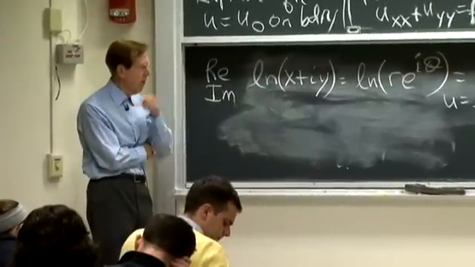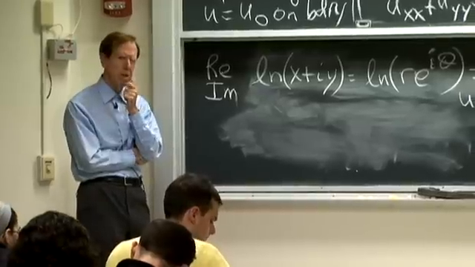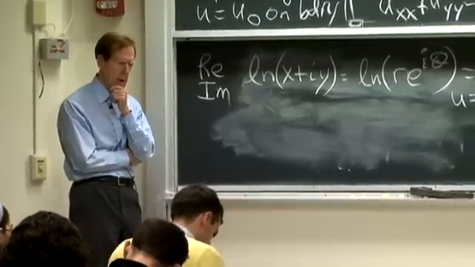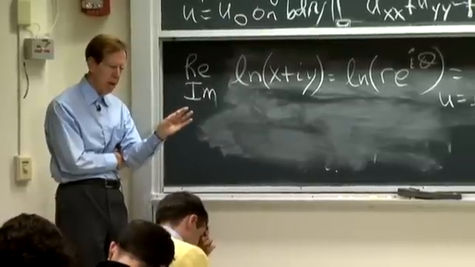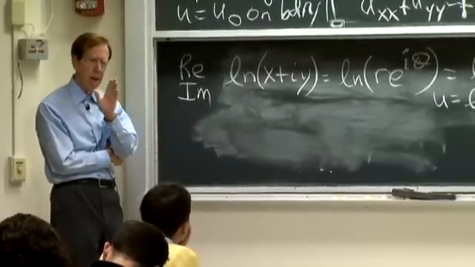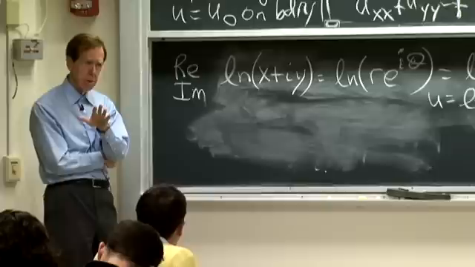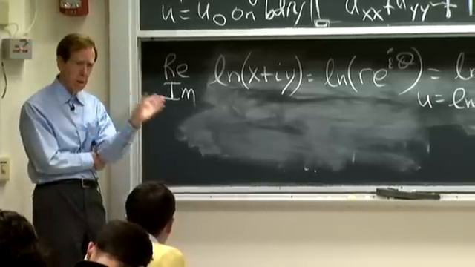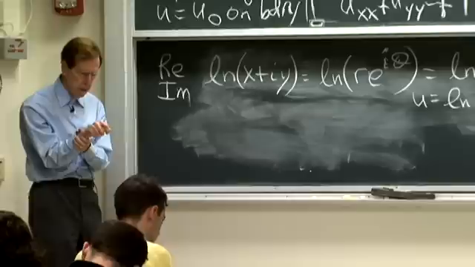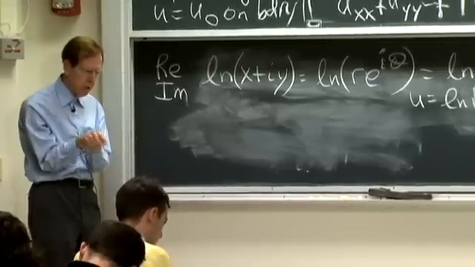So when I draw those axes, what picture is it I'm planning on? I'm planning on the equipotentials, u equal constant, and who are the other guys? The streamlines. The places where the stream function is constant.